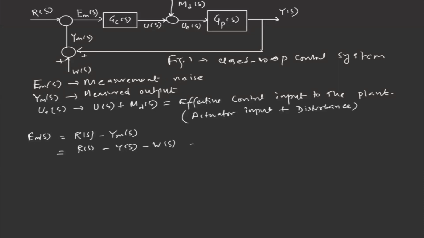And also we can write ES minus WS, where ES is basically RS minus YS, which is the tracking error.